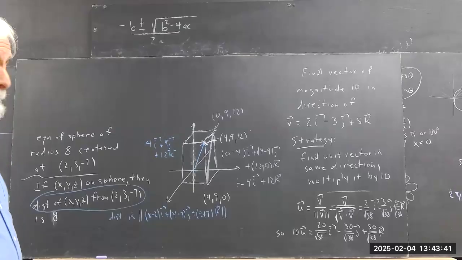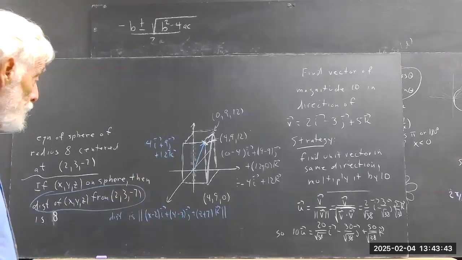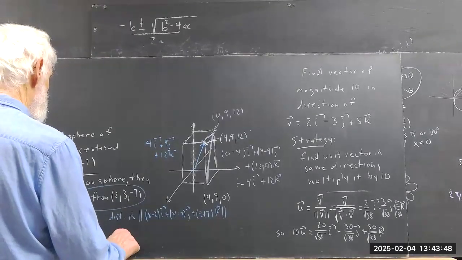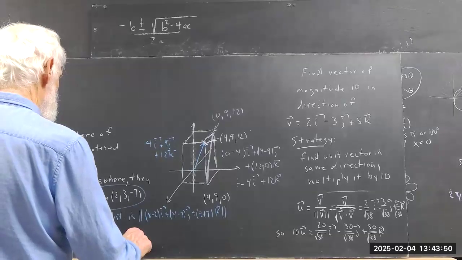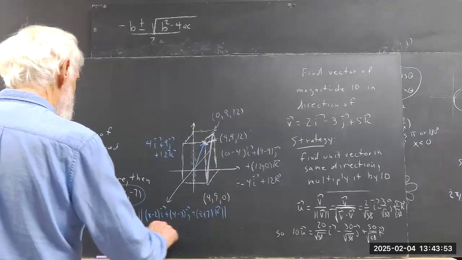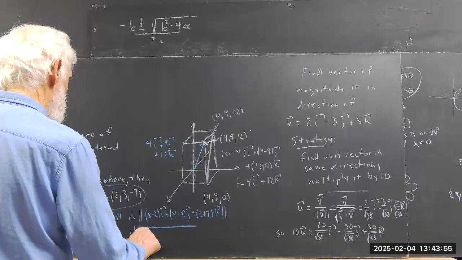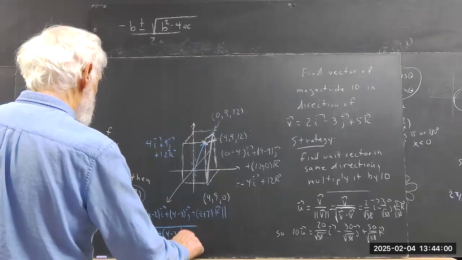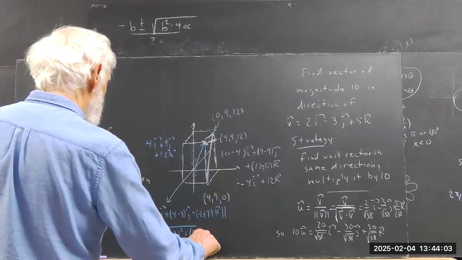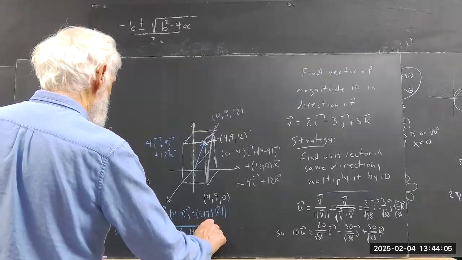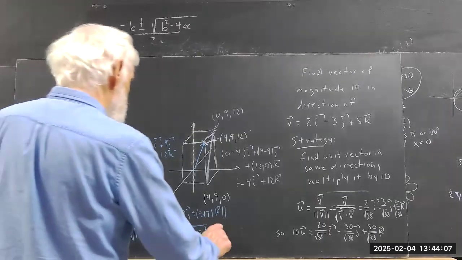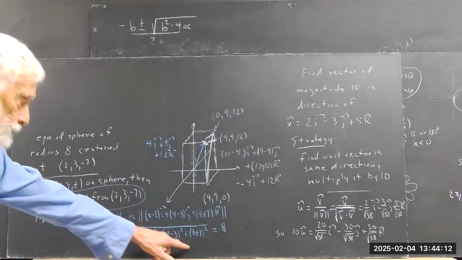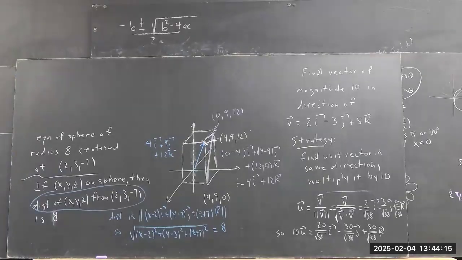That's the magnitude of this vector. Okay. Well, we dot that vector with itself. There's the distance, and it has to equal 8.